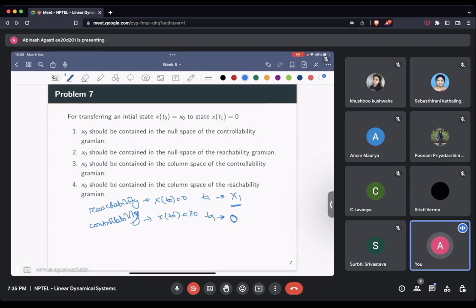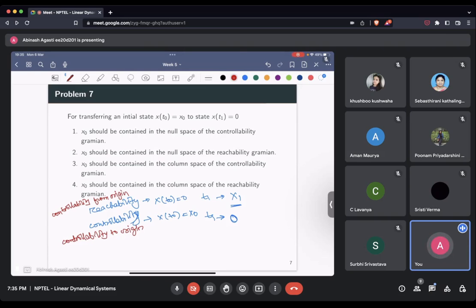Okay, so that is why you will find in some places reachability is referred to as controllability from the origin, and standard controllability is referred to as controllability to the origin. So reachability means you are at the origin and you want to reach some state. If you are able to reach that state with some control, then that state is known as a reachable state or controllable from origin.